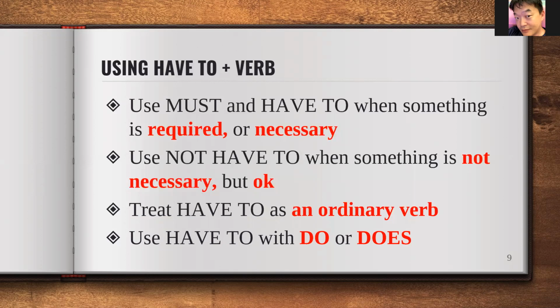Let's see if you understood that. Let's practice a little bit. Let's go now to the next page. No, still on page 55. I need you to go to exercise 2A, and I need you to write have to, must not, or don't have to.